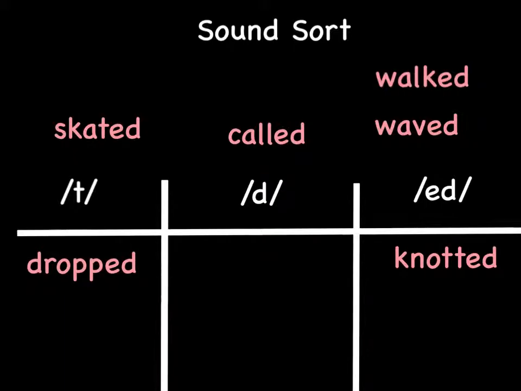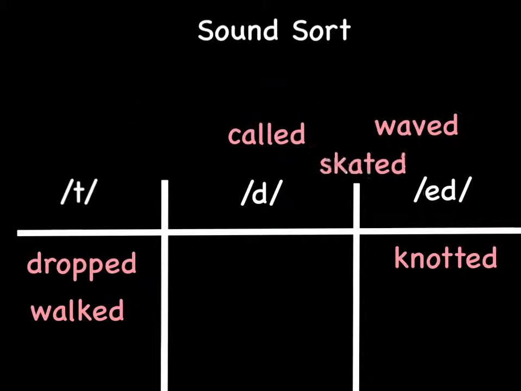Now let's look at walked. Say the word and listen to the ending, walked. It ends with the T sound. Now let's look at skated. Say the word skated. What sound did you hear? The ED sound.